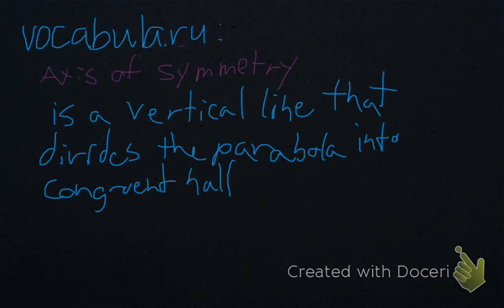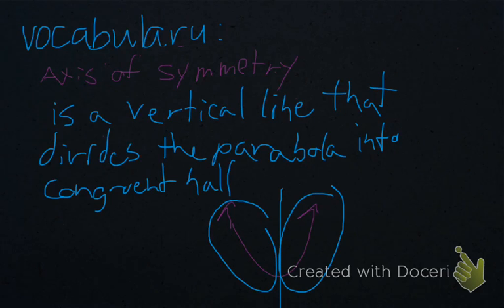So let me show you an example. If we had this parabola right here, the axis of symmetry would be a vertical line straight down the middle, assuming that this would be the same as this, a mirrored reflection of that.